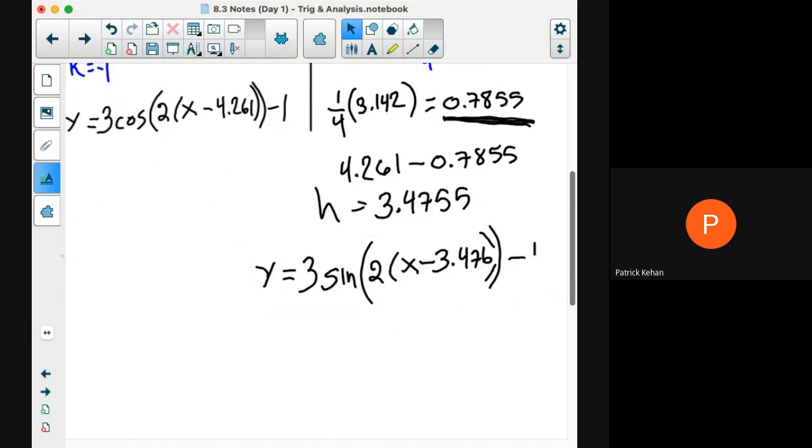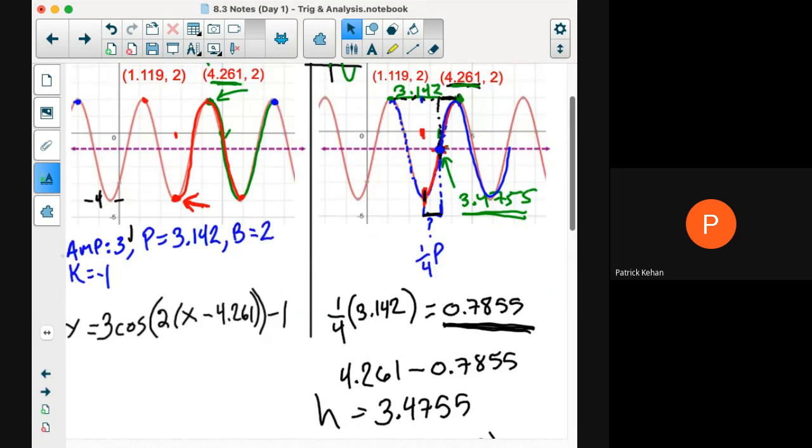Now, it's not as easy as the cosine graph to the left, but this concept of looking at the period as a whole, looking at symmetry, splitting it in half, splitting it in a quarter to find distances to help you find starting points at the line of oscillation, or even down here, we could find this value, the difference between this high point here and this point right here is half a period.